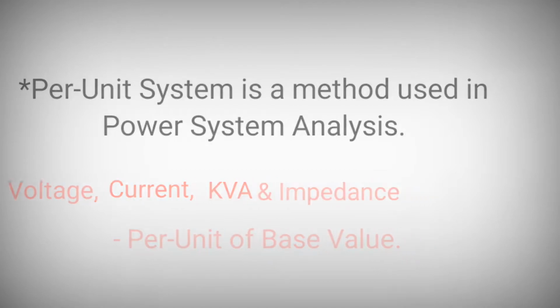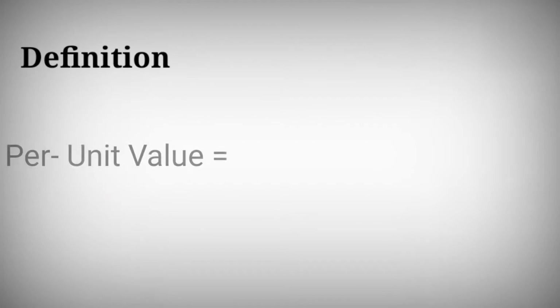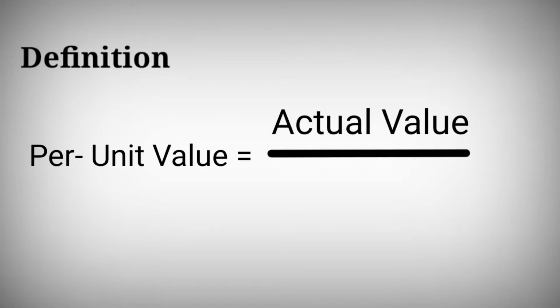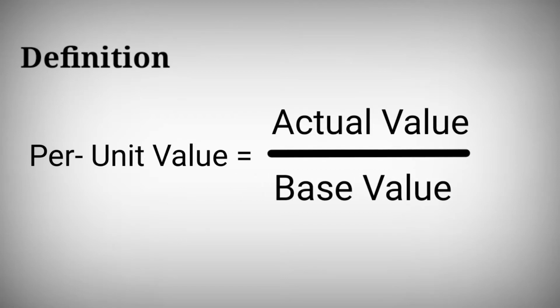It is defined as the ratio of actual value of the quantity to the base value of the same quantity. In terms of an expression, per unit value is equal to actual value by base value.